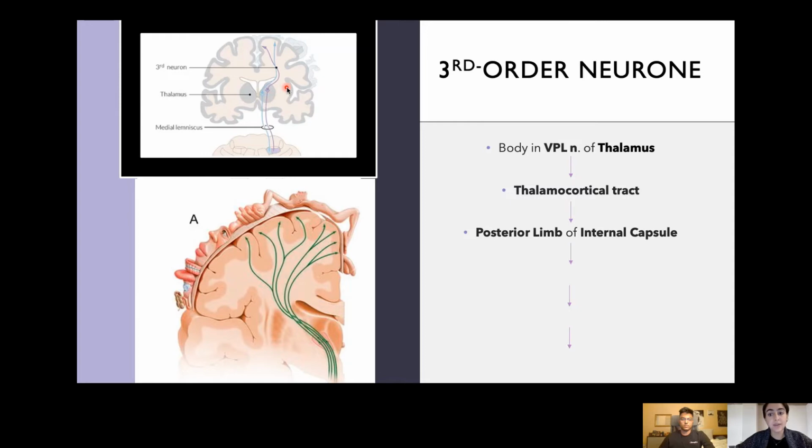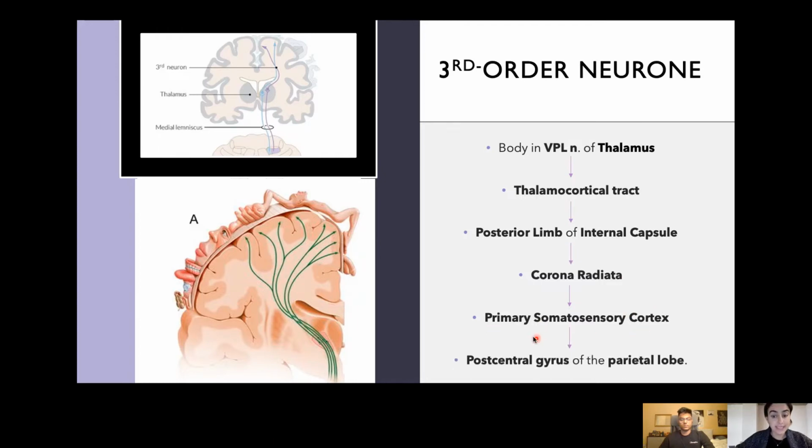The internal capsule has the posterior limb, anterior limb. So remember, posterior limb. They will form the corona radiata. These are fibers that radiate to the cortex. And which part of the cortex? The primary somatosensory cortex, which is located in the postcentral gyrus of the parietal lobe.